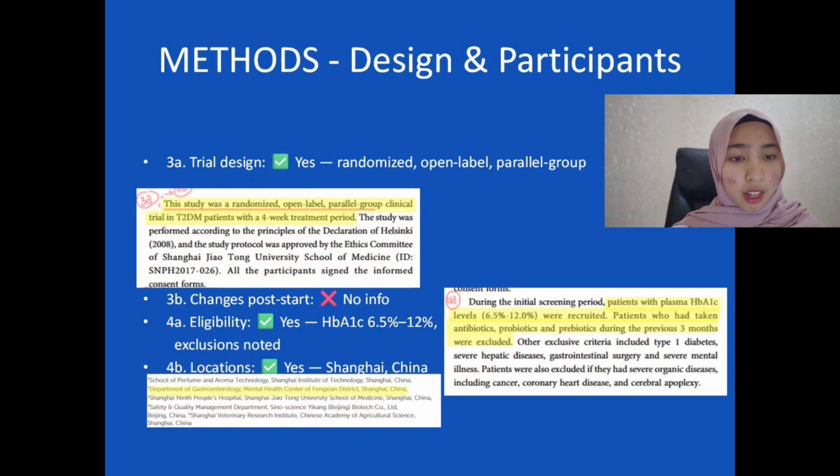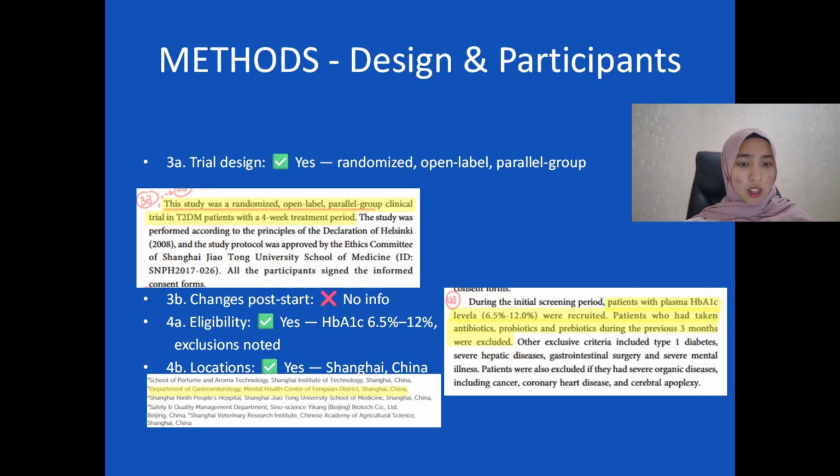This is about methods, trial design. This is for item 3A. Item 3A is about describing the trial design. The article says the study was a randomized, open-label, parallel group clinical trial, which covers randomization, blinding status, and the type of trial. Then methods changes after start is item 3B.